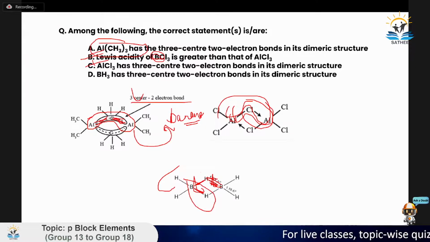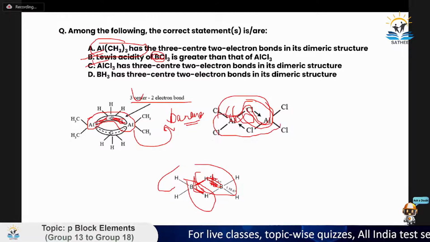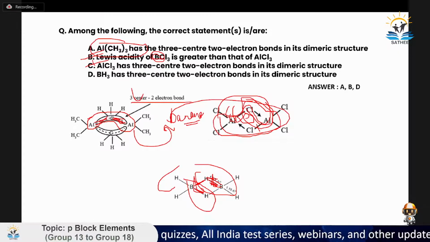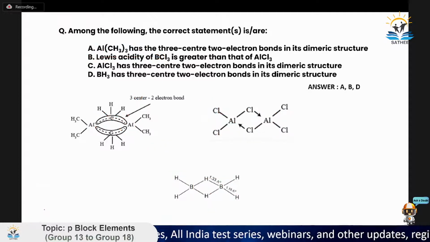So these are 2 separate bonds sharing that is happening, whereas here it's different. So the answer is what? A, B, and D. The 3-center 2-electron bond is not present over here, and it is present over here. So this is called the banana bond. Please keep that in mind.